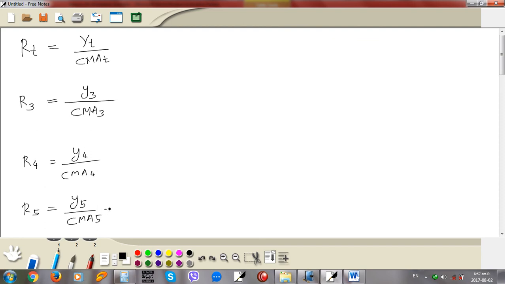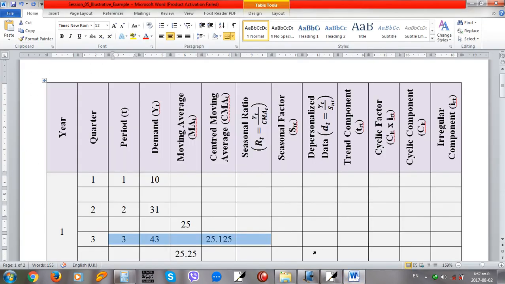Now we simply substitute the values from the table. Y3 is 43 and CMA3 is 25.125.